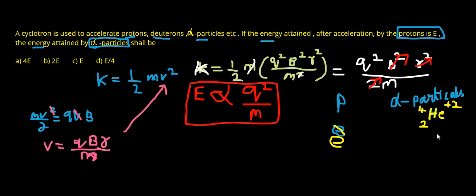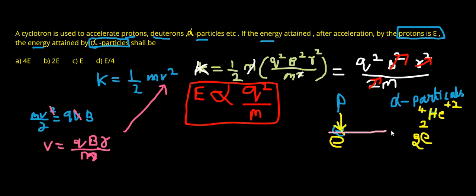Now in alpha particles, the charge present here is 2 protons. The 2 electrons are lost by this helium, so the remaining is 2 protons. We know that the charge of proton is almost equal to the electron, so we can write it as 2e itself.